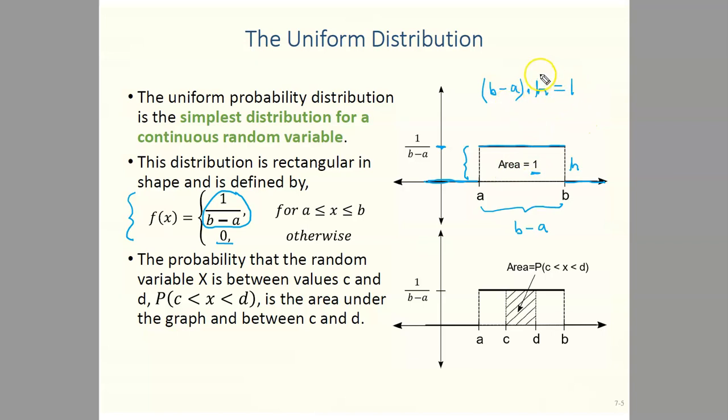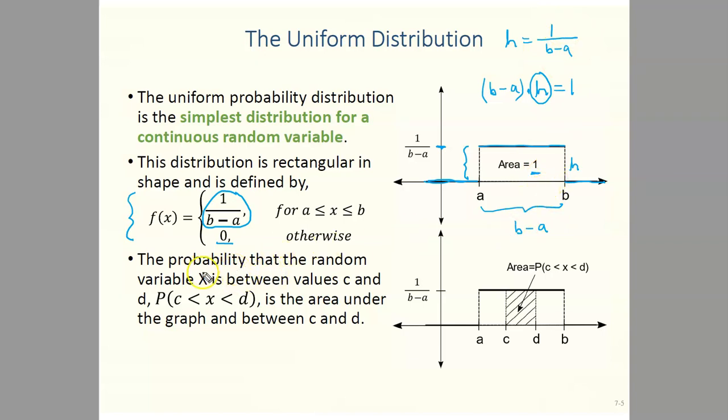And solving this equation for the variable h, we simply divide this to the other side, and we get that h equals 1 over b minus a. So that's why this height here must be 1 over b minus a. And of course 1 over b minus a times b minus a gives you back 1.